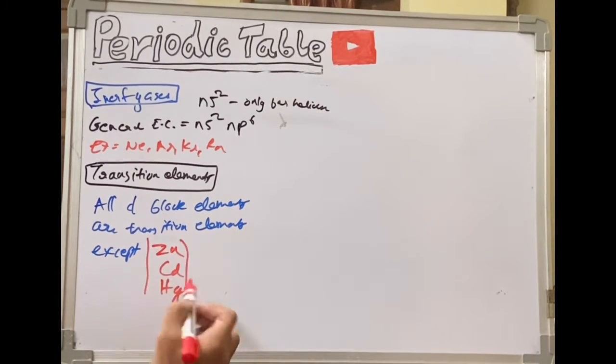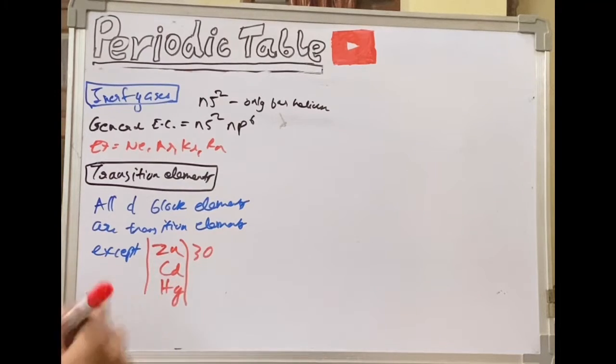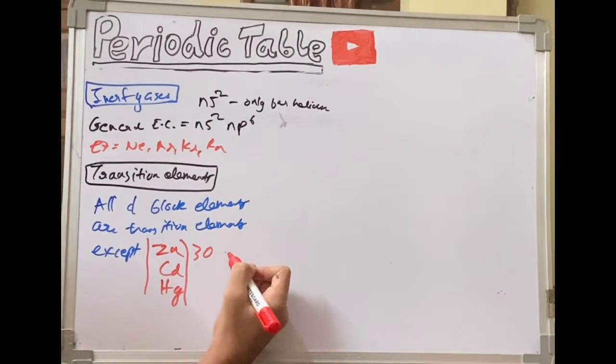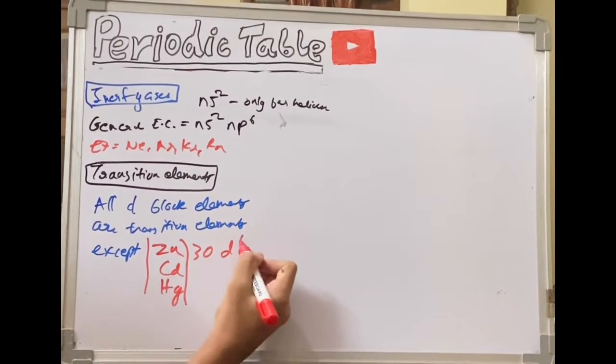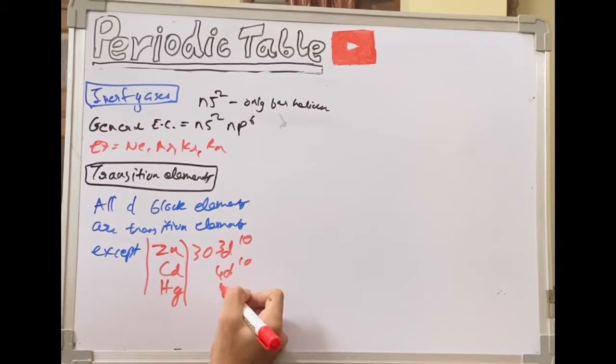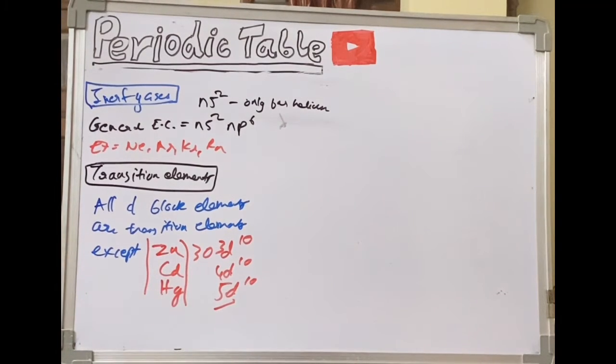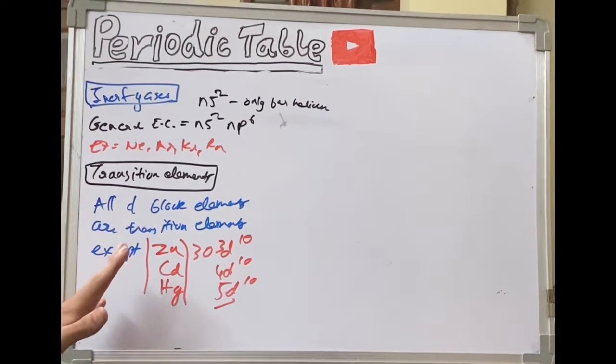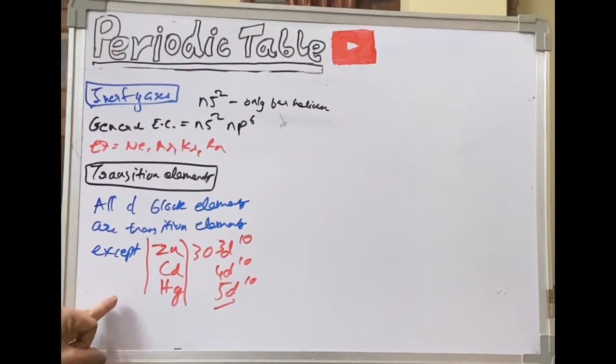Zinc has atomic number 30, you can remember from that. These are completely filled. These have their last shell configuration as d10, 3d10 to be specific, 4d10 over here and 5d10 over here. So these are not the transition elements. There is an exception, even though they lie in group 12.